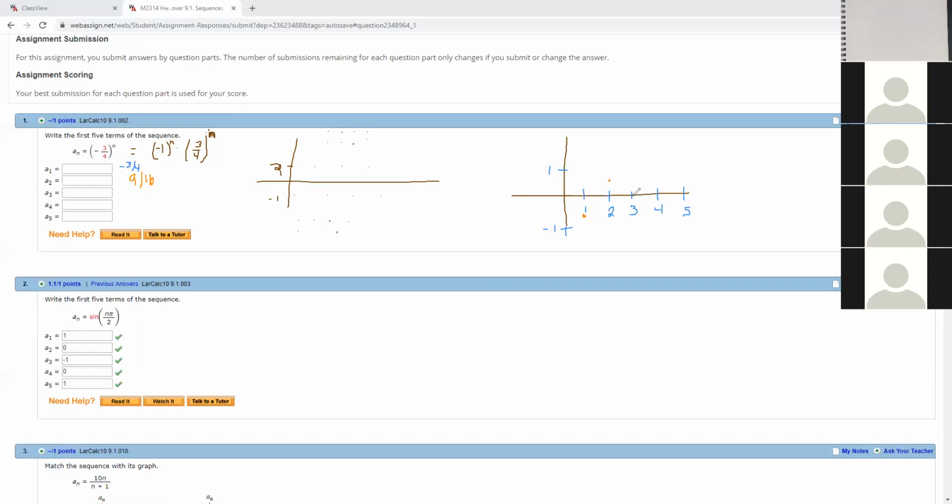And now the third term, Jocelyn, what's the third term going to be? -3/4 cubed. So is that going to be negative or positive? Negative. Good. So that's the alternating part. And then what's 3 cubed? 27/64.